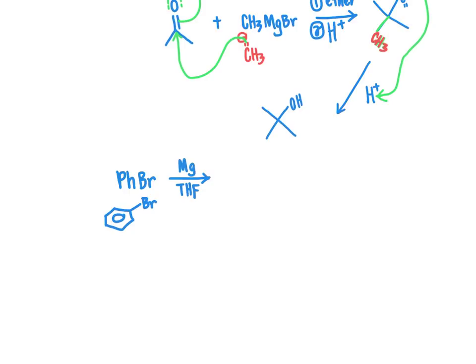So we take that and react it with magnesium. The tetrahydrofuran, or THF, is just our aprotic solvent there, because we need to protect our molecule here from protic solvents and protic things in the environment, such as water. So this would give us phenyl magnesium bromide as a result of reacting our magnesium with our phenyl bromide.